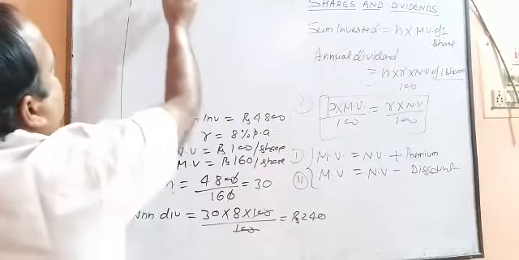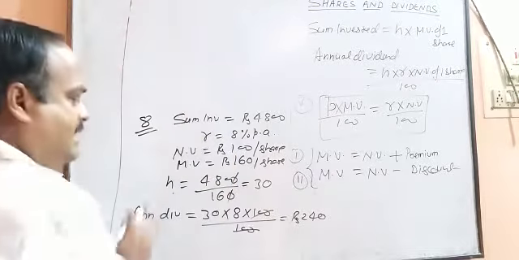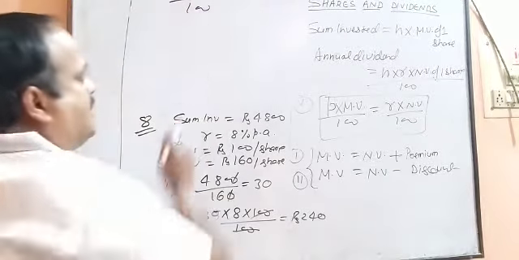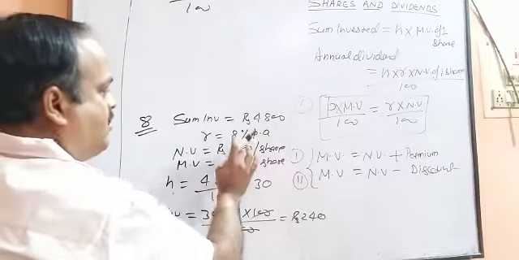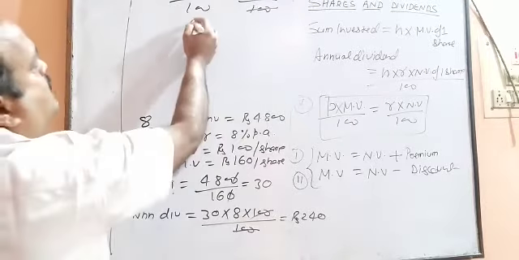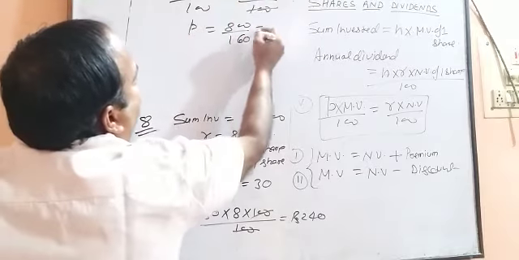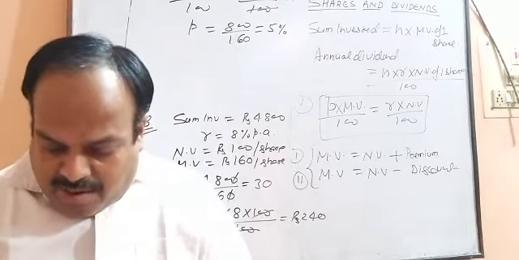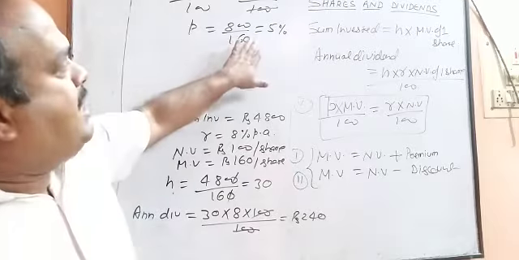So P into market value, which is 160, is equal to rate of dividend 8% into nominal value 100 upon 100. Cancel. So P is equal to 800 upon 160, which is 5%. Therefore, the profit percent made by the shareholder on his investment is 5%.